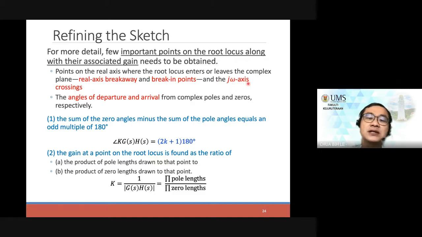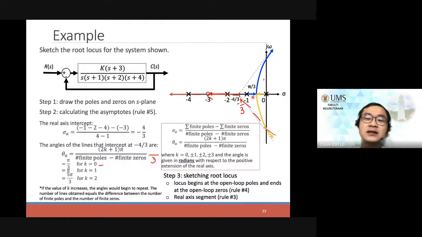So this one is the intersect of the imaginary axis, whereas the real axis breakaway and break-in points refer to this point. Breakaway means the root locus is going away from it. If it is break-in, it will go somewhere, then come in and touch the real axis again.